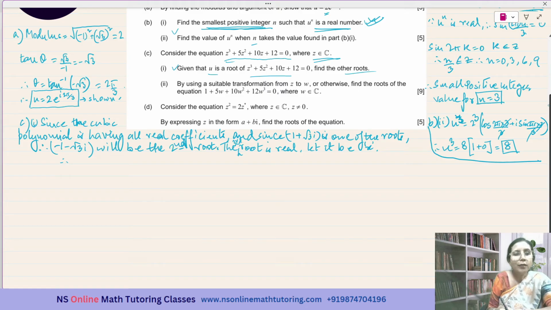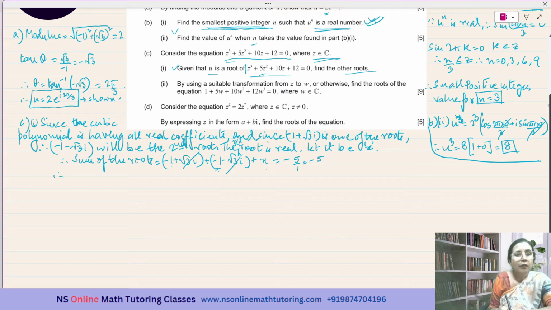Sum of the roots is equal to minus 1 plus root 3i plus minus 1 minus root 3i plus x. This should be equal to negative 5 over 1, which is equal to negative 5. If we add these two, we see that the root 3i terms get cancelled and it is -1 and -1. So it is -2 plus x equal to negative 5.